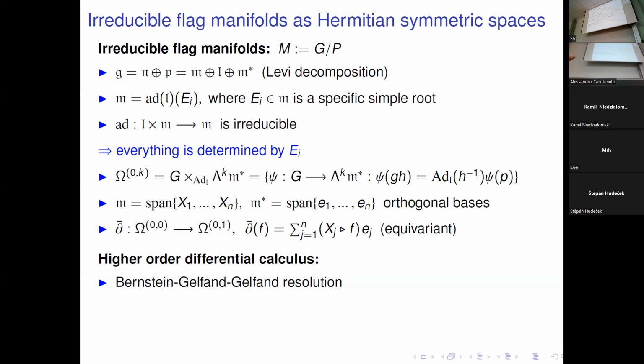You just act with left and right vector fields, and here you have the basis of, one can say, one forms. And if you want to go to a higher order differential calculus, that works with the Bernstein-Gelfand-Gelfand resolution.